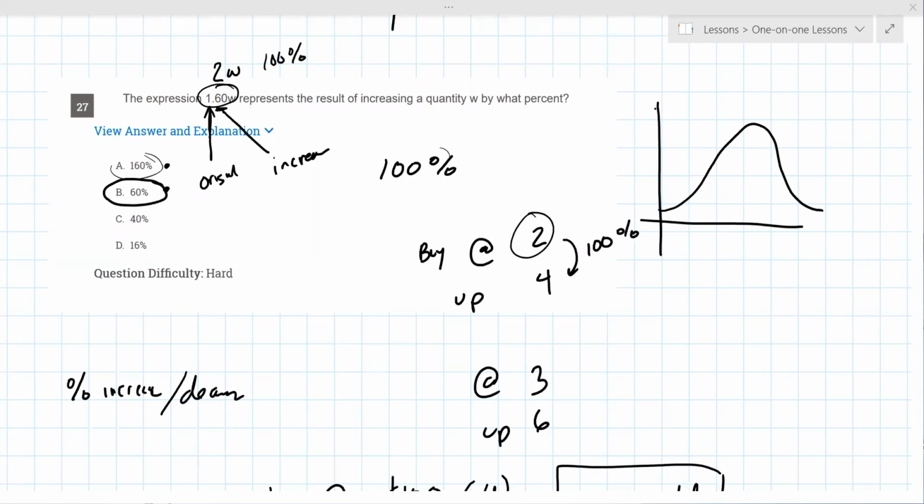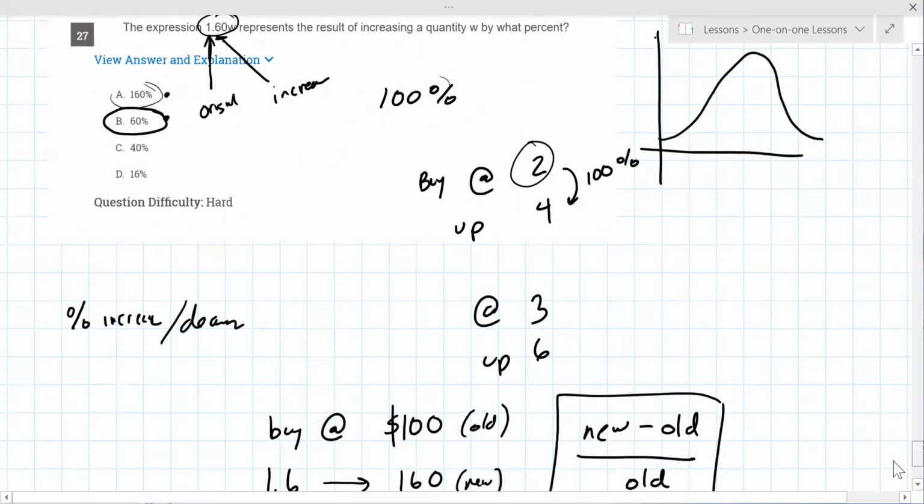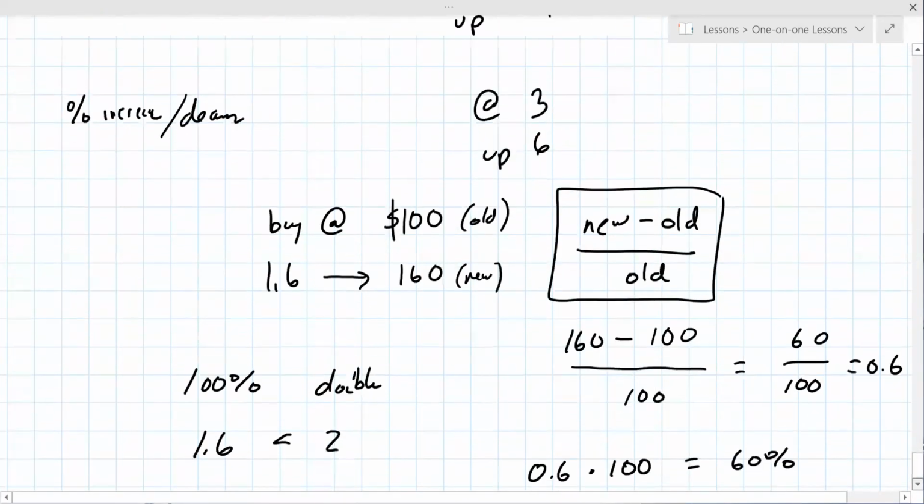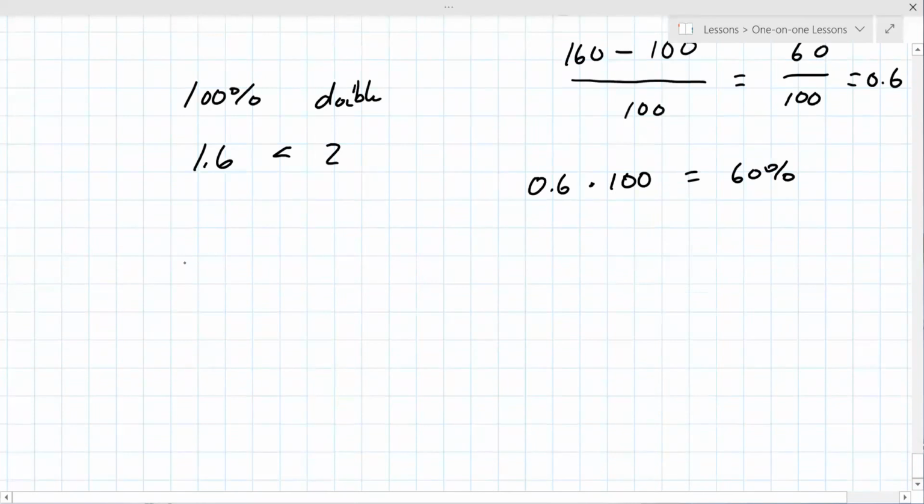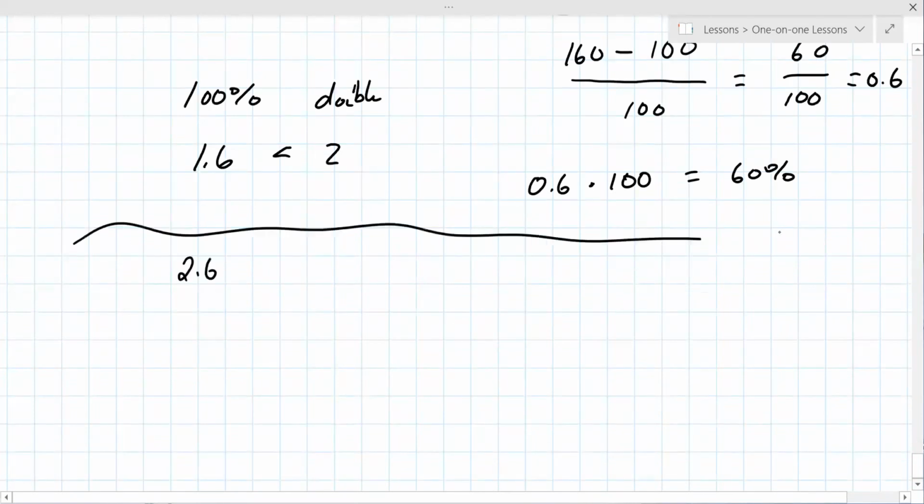But if it was greater than 2, it would be 160%? Yeah, so like if something goes up by a factor of 2.6, let's say it was 100 and it went up by a factor of 2.6, the new price is 260.